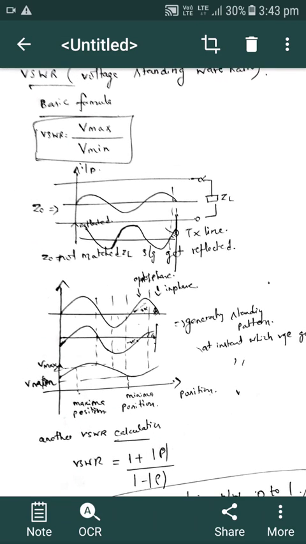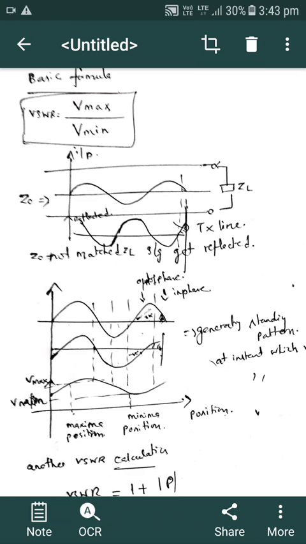This is the input voltage which we are feeding to the transmission line. Due to the mismatch, the incident wave gets reflected. This is the reflected wave representation.